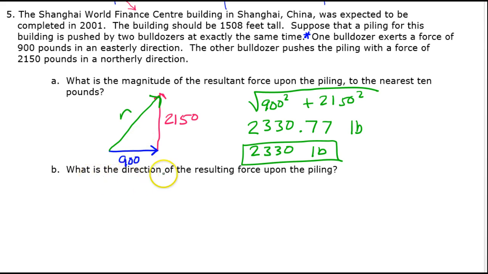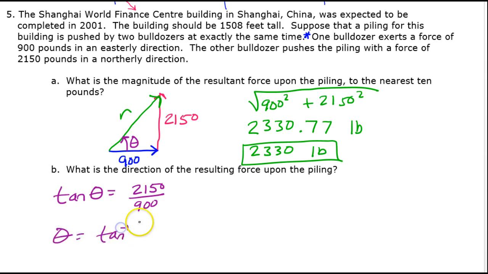In what direction is the resulting force? The direction should be measured counterclockwise from the east. So basically I just need theta. We can find that by doing the tangent of theta, which should equal 2,150 over 900. Therefore theta should equal the inverse tangent of 2,150 over 900.